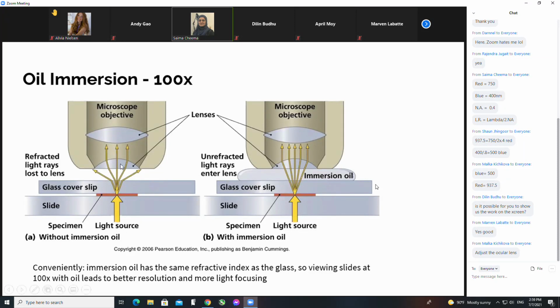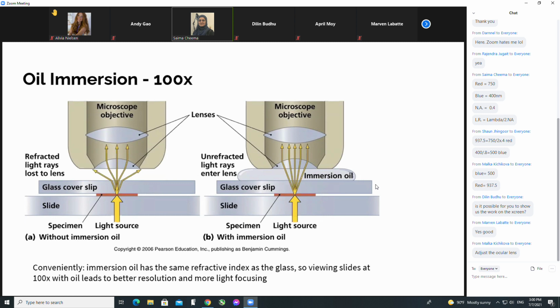So the objective behind putting a drop of oil is that you place it on top of your specimen, and the oil that is used for this purpose has the same refractive power as the glass itself.